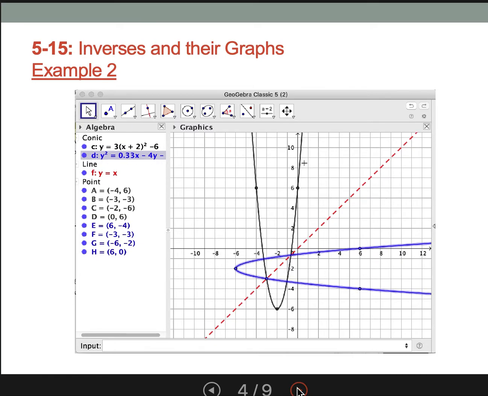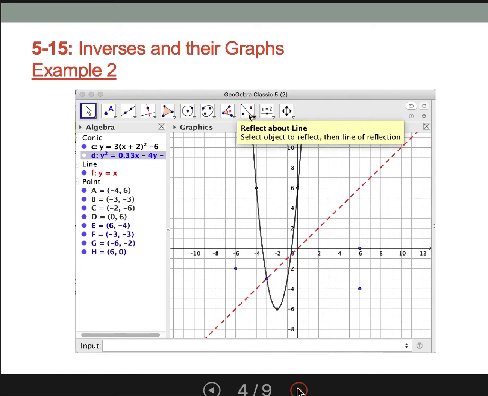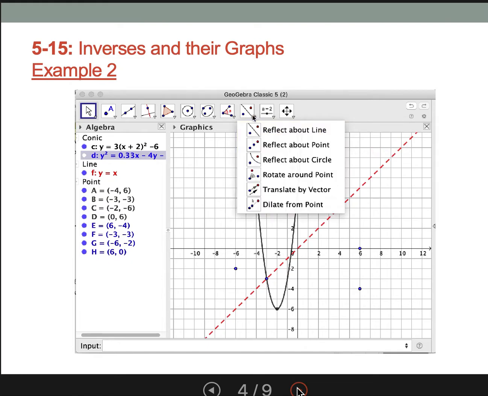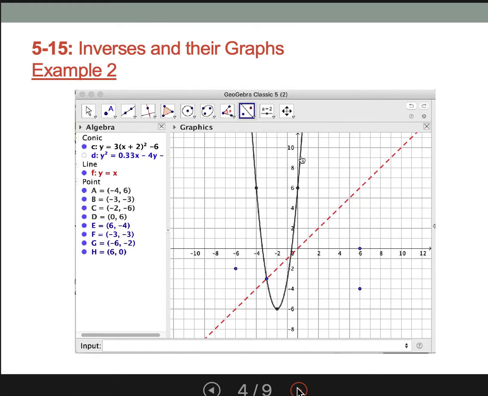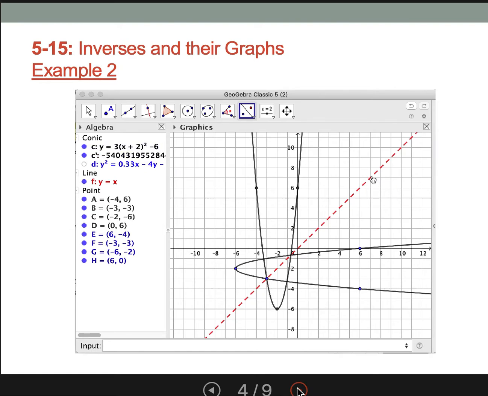Let's do what we did last time. Let's take this away, and then I'll show you the reflection. Go to reflect about a line, select the object to reflect and then the line of reflection. We're going to pick this parabola and reflect it over this line, and there you go.